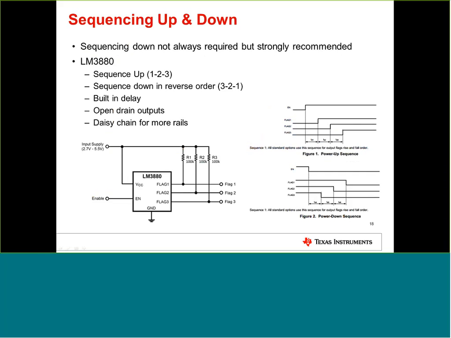You have a delay, and if you want, you can use it as a daisy chain if you need more rails. So I think if you have more rails, it's always more convenient to use such a controller, because you're much more flexible and have many more options to control these different flags.